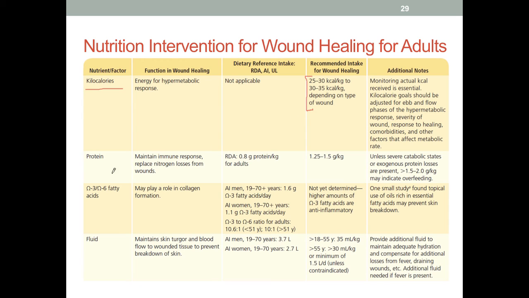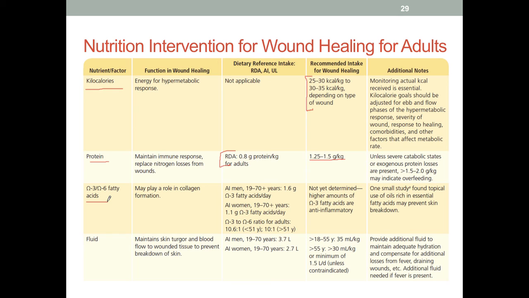We also need an additional amount of protein. The RDA for adults is 0.8 grams per kilo, whereas for wound healing, we could even double the amount because we need additional amino acids to build extra protein so that the wound can heal. Then we have some other items.